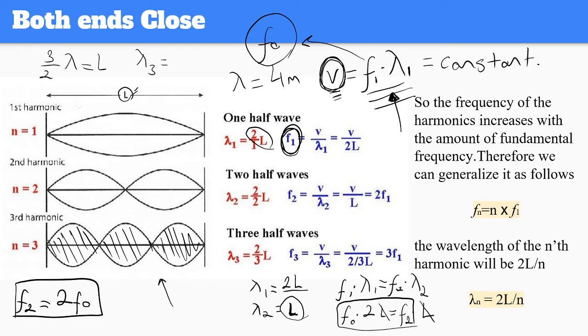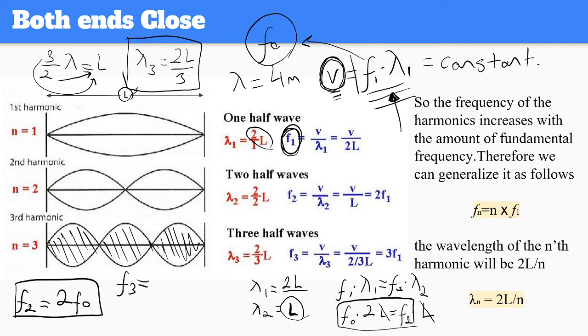Lambda 3 in this case is 2L divided by 3. And my frequency for this system is going to be F3.